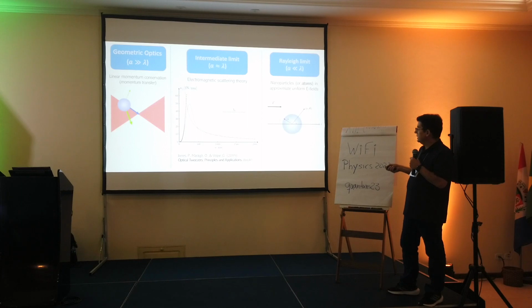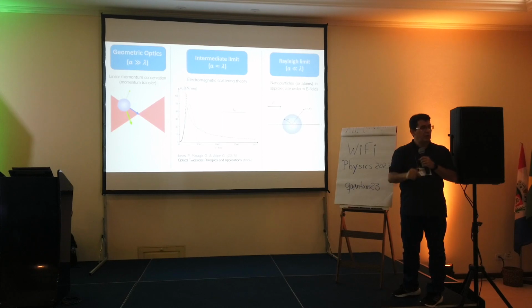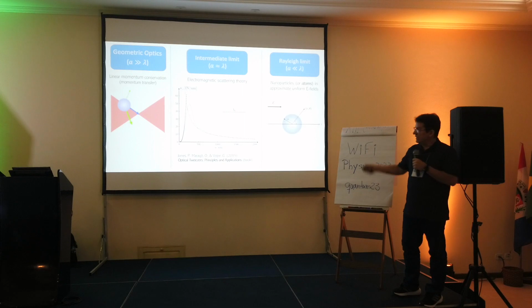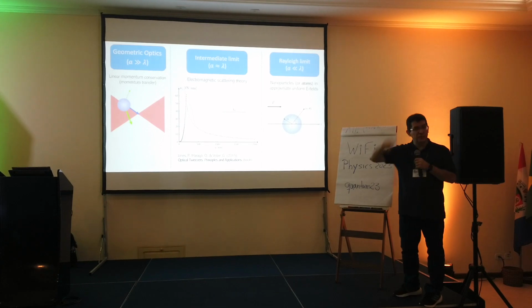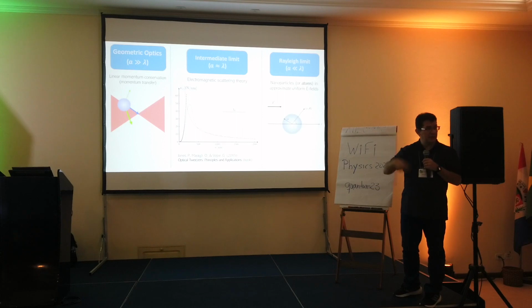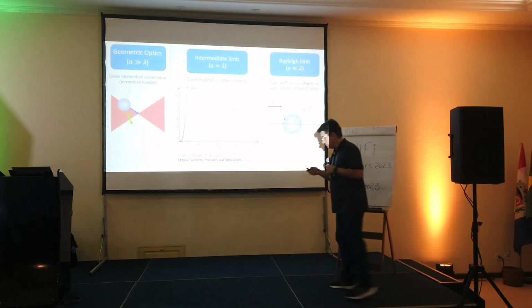So at micrometer sizes the force is not too strong, and it gets stronger as you go here, but if you try to trap atoms or molecules or nanoparticles, then it's a matter of the ratio of surface to volume and so on. But the important thing is that it drops very fast. In this calculation, the dashed lines are the limits for geometric optics and the Rayleigh limit, and the solid line is the full electromagnetic theory that describes it completely. Okay, so these are the main ideas.